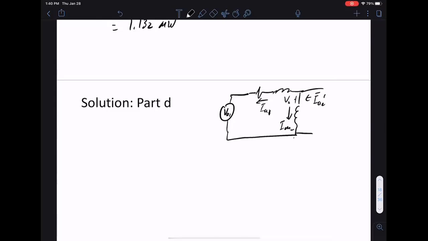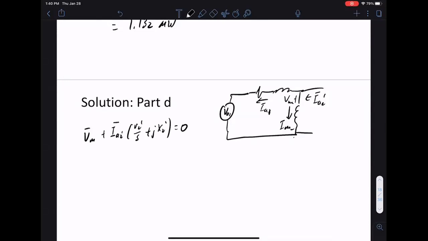So if this voltage is Vm, then this voltage satisfies Vm plus IA2 prime, R2 prime over S, 1 plus JX2 prime, equal to 0.